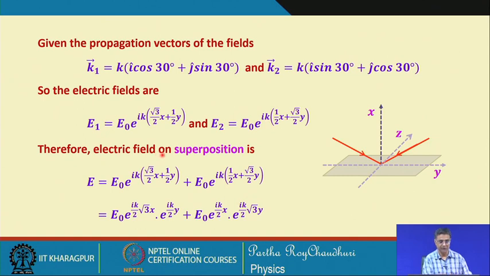Therefore, the electric field on superposition, we just have to add these because these are phasor additions, vector additions. So, E 0 e to the power of i k, this phase, and this is E 1 and E 2. If we add this, because e to the power of i k root 3 by 2 x, this quantity, we just break them into their individual components.